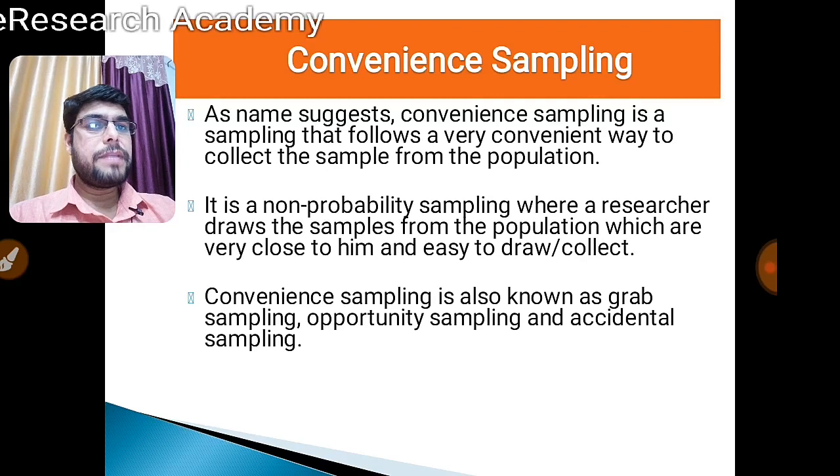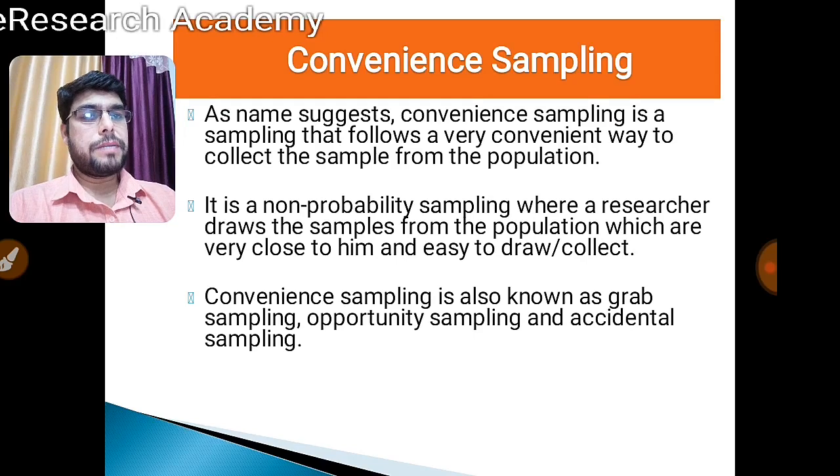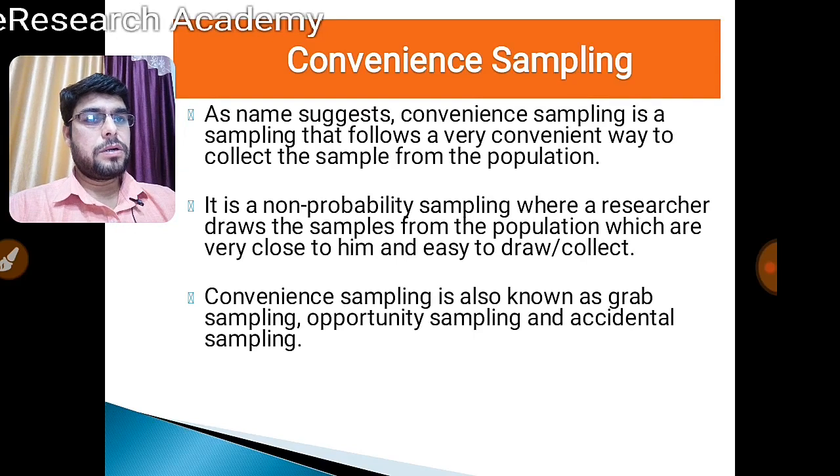It is also known as grab sampling, opportunity sampling and accidental sampling. Keep this in mind, because sometimes it is asked in examinations as MCQs or multiple choice questions.